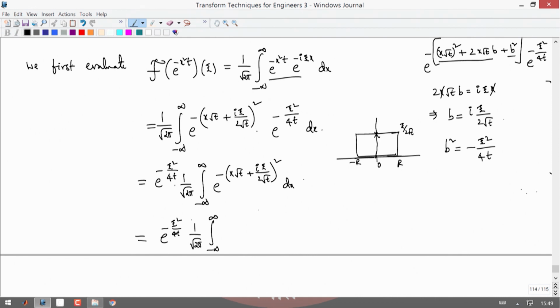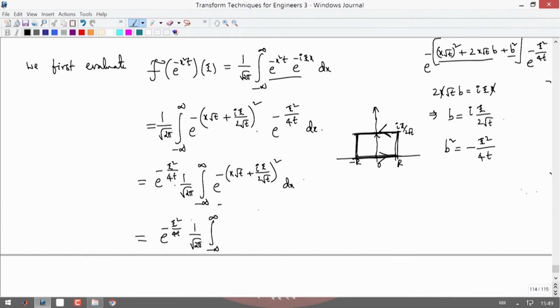This point is i times this value, so that is on the imaginary axis. You consider another rectangle like this, and you will see that if you consider this integrand, the contribution over this plus this is 0 as r goes to infinity. So, this is equal to this, and finally you end up with this one. That is the same as saying this is equal to this one.